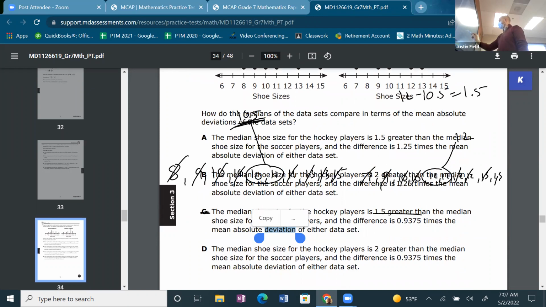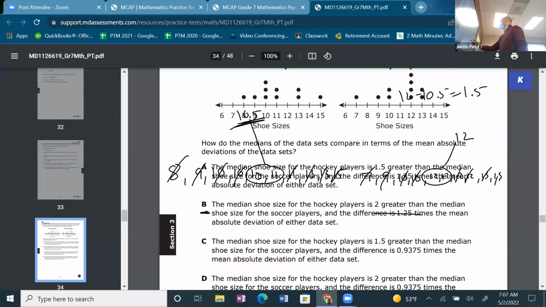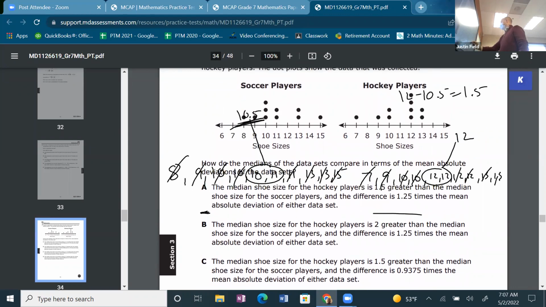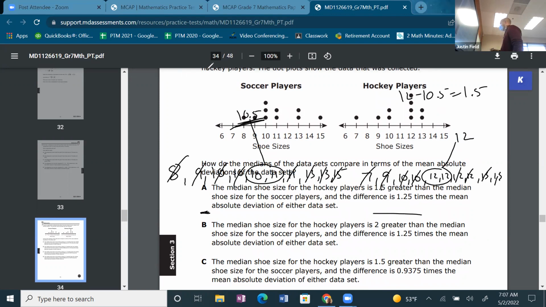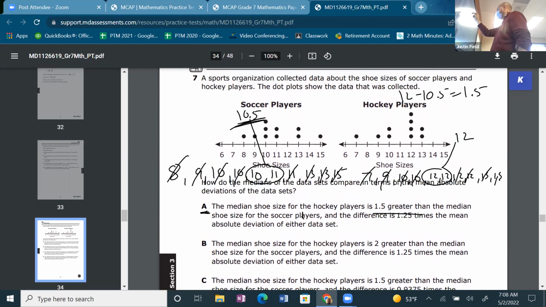Okay, so now I have either A or C, but now we have to find the mean absolute deviation. In order to find the mean absolute deviation, we need to subtract all the, let's pause.